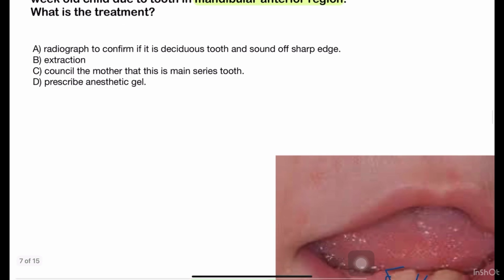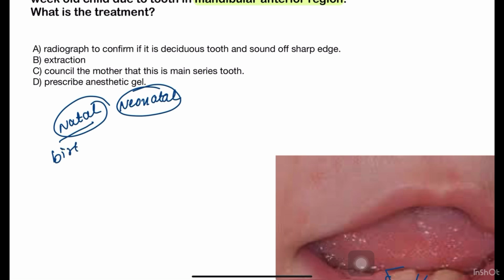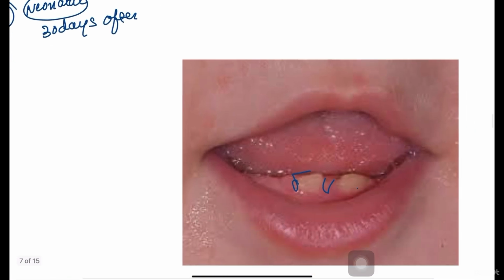अब हम देखेंगे what is natal teeth and neonatal teeth. Natal teeth वो होते हैं जो from birth present होते हैं और ये 30 days after birth से present होते हैं. Mandibular anterior teeth here cause laceration on the ventral side of the tongue.